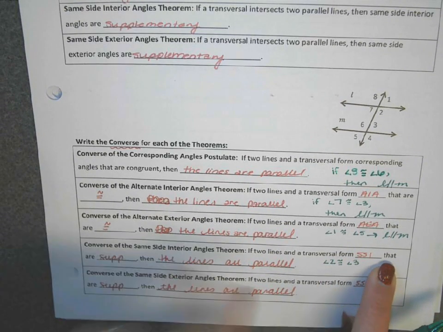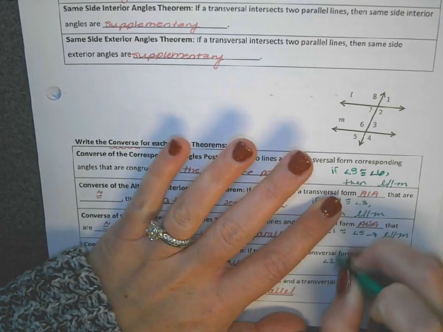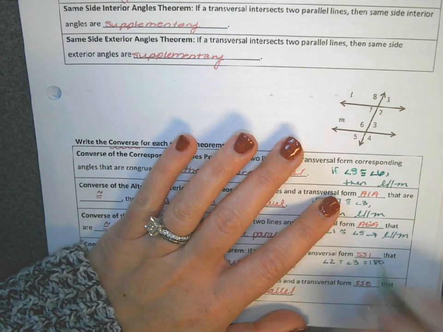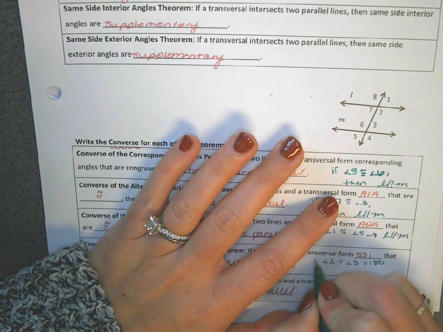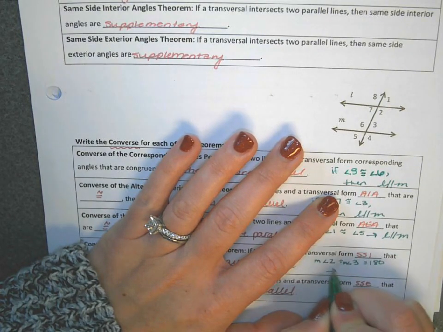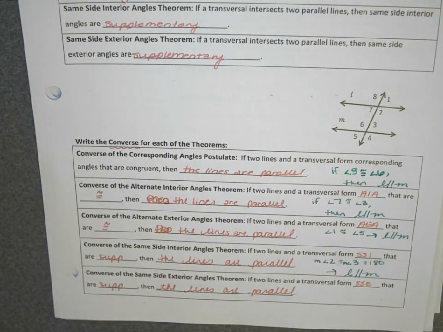What's supplementary mean? Add to 180. Not that they're congruent. 2 and 3 would have to add to 180. Okay, their measures, measure of angle 2 plus the measure of angle 3 would have to add up to 180 to imply that L is parallel to M. Do you see the difference?